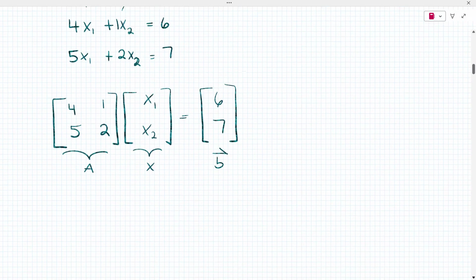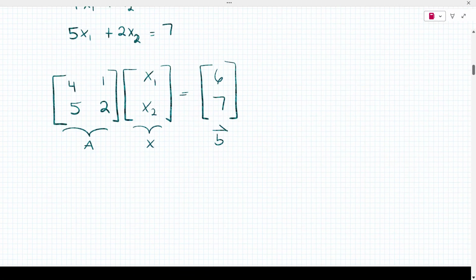To use Cramer's rule, we first have to find the determinant of A, which is pretty simple because it's a 2 by 2 matrix. If it was a 3 by 3, we would have to use cofactors.